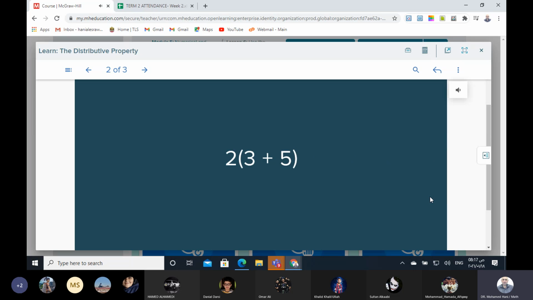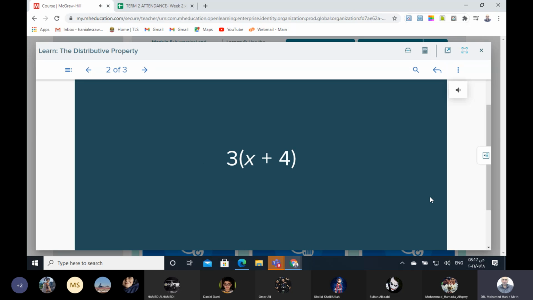Consider another example. Apply the distributive property to the expression 2 times the quantity 3 plus 5. Multiply each term inside the parentheses by 2: 2 times 3 plus 2 times 5. This can be written as 6 plus 10, or 16.